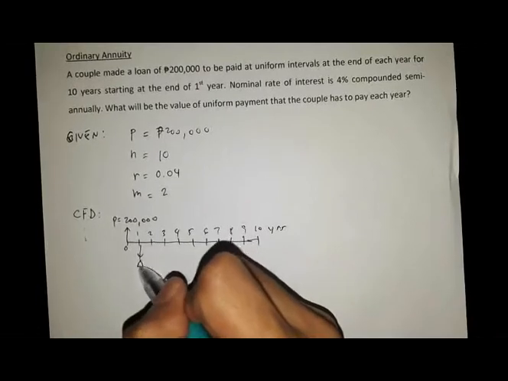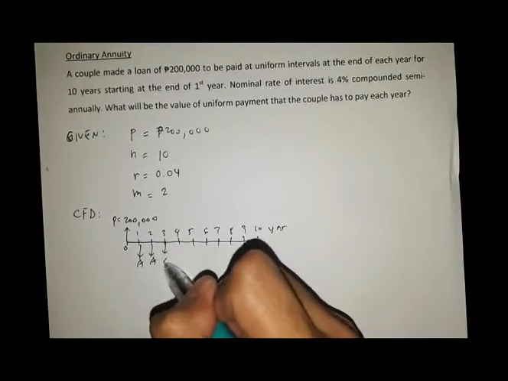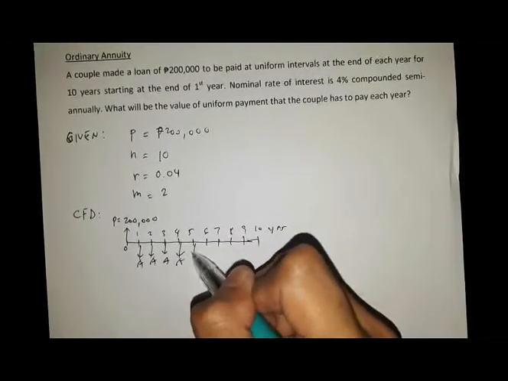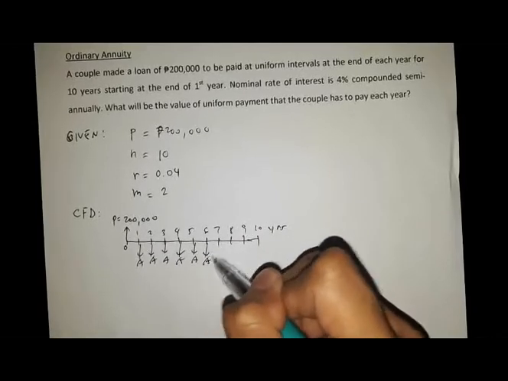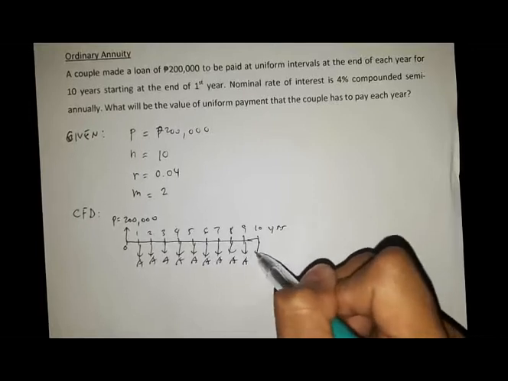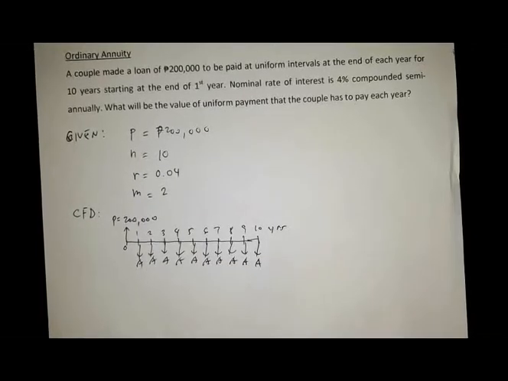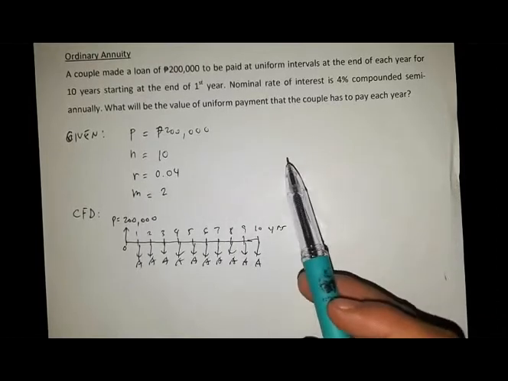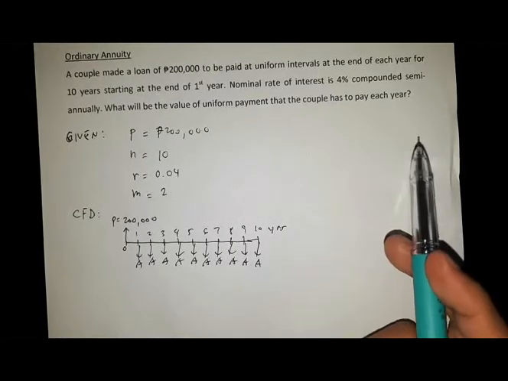They have to pay an equal amount for 10 years. Now, what will be the value of the uniform payment?